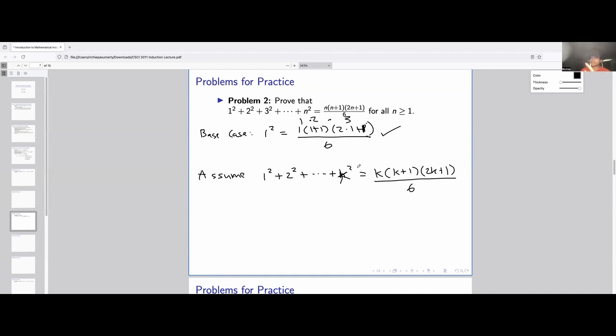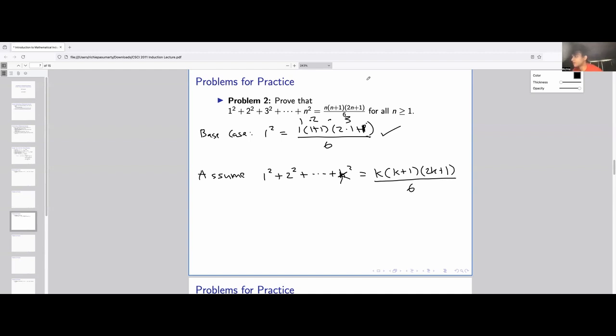So the first question here is, what should the formula even look like for k plus 1? I could just write out the solution for you and show that this is the right form, but that doesn't really show you the intuition of how I'm doing what I'm doing. I should show you what I'm looking for.